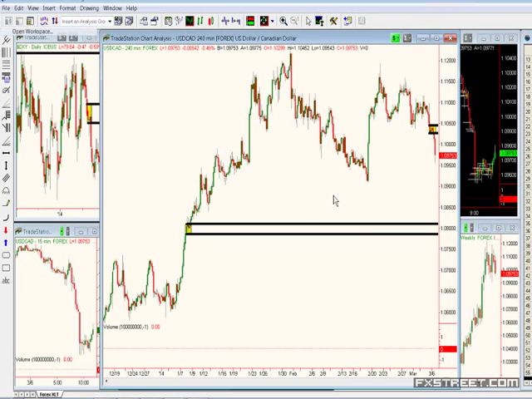Let's see. 109, Nick. Are you saying this level right here? Like exactly where I'm pointing? Oh, this. That one? No. So I'm glad you pointed it out.